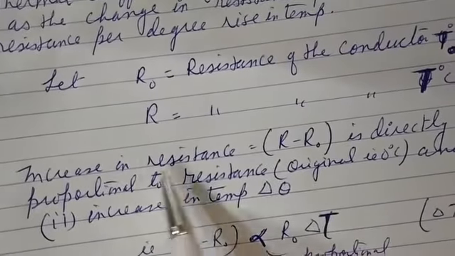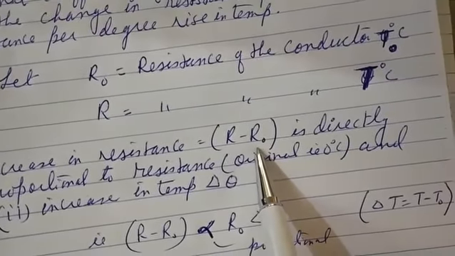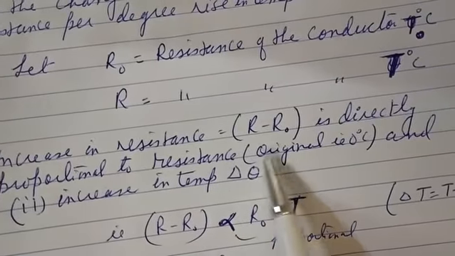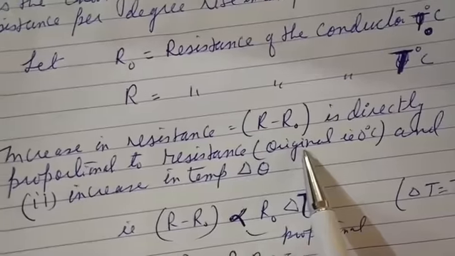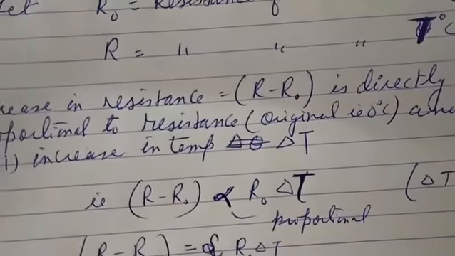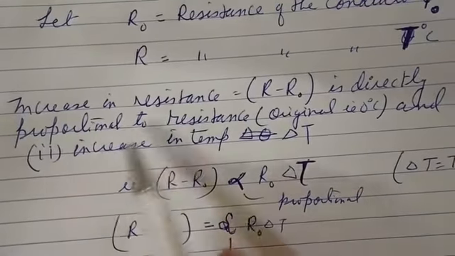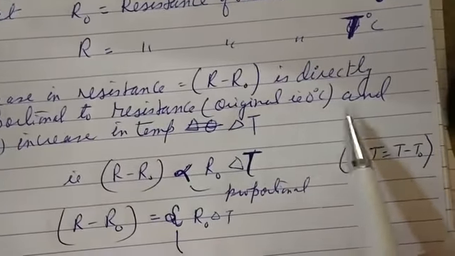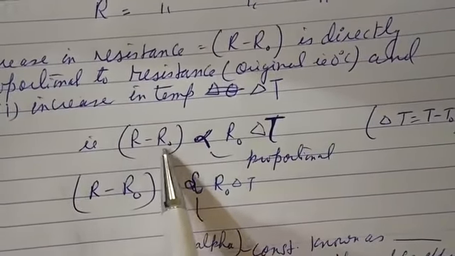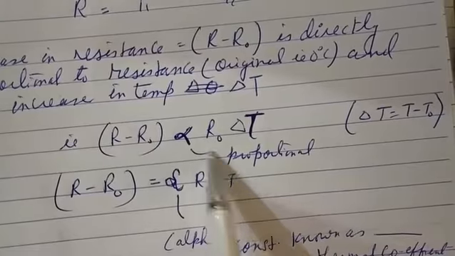So increase in resistance, R minus R0, will be directly proportional to the original resistance and increase in temperature. This is the proportionality sign.